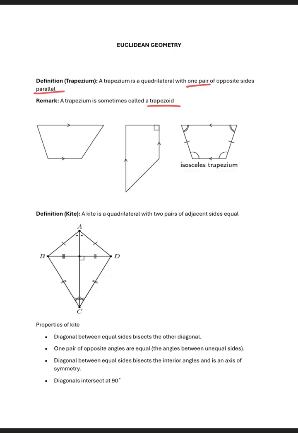And then there's a special trapezium. It's a special trapezoid or trapezium, which is called an isosceles trapezium.